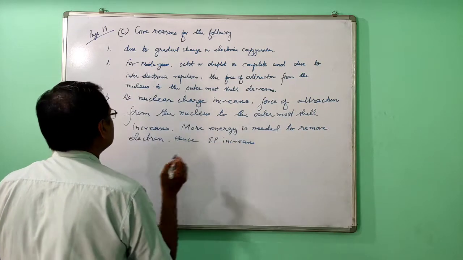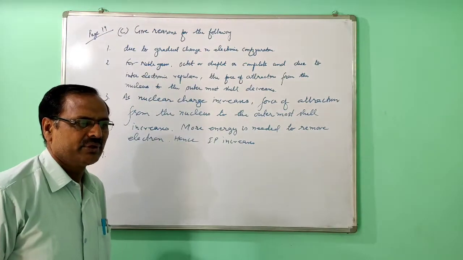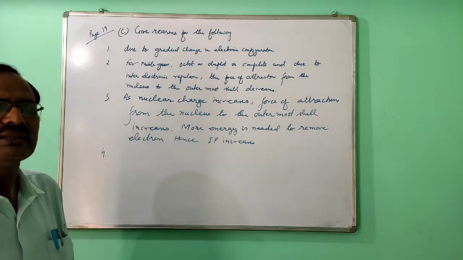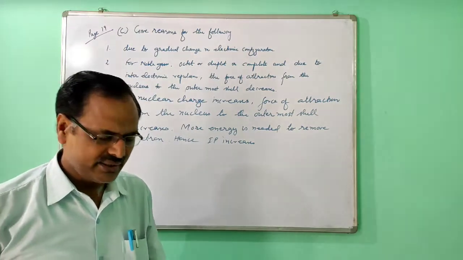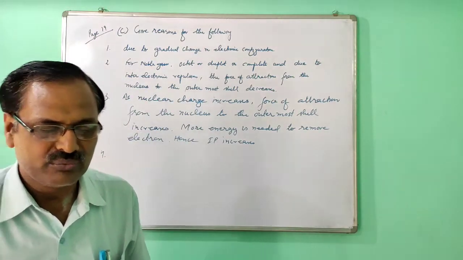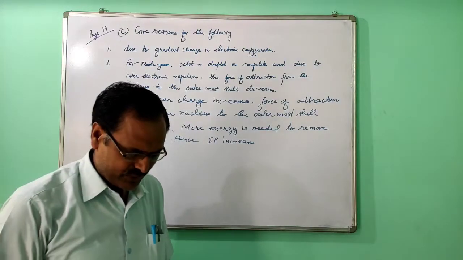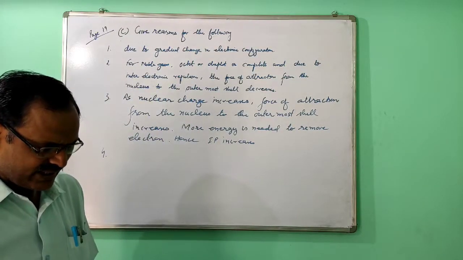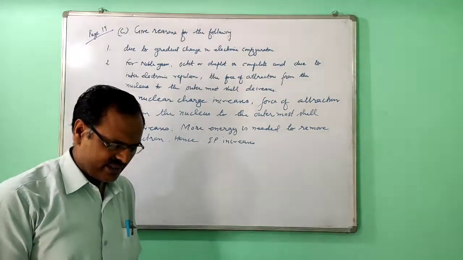As the nuclear charge increases, the force of attraction on the outer shell electron from the nucleus increases, so more energy is required to remove the electron. As a result, ionization potential increases. That is what they are asking: ionization potential increases with the nuclear charge of the element.